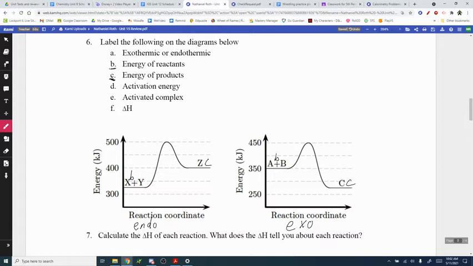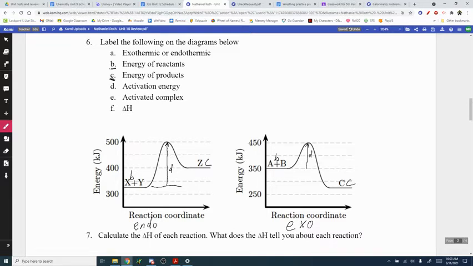Activation energy. Activation energy is the energy that is required to get the reaction started. So that is this hump right here. So the difference between the reactants and the top of the hump is the activation energy. So that's D. So for this one, it's that amount.